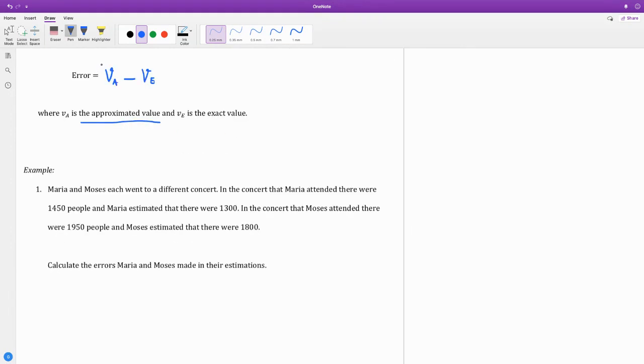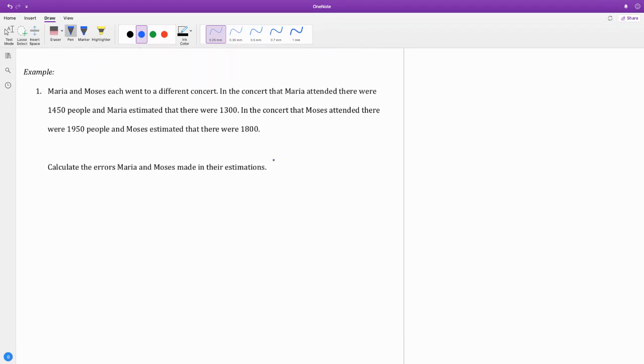What does it mean by these two bars? It means whatever the value between the bars, the result will always be positive. Always.